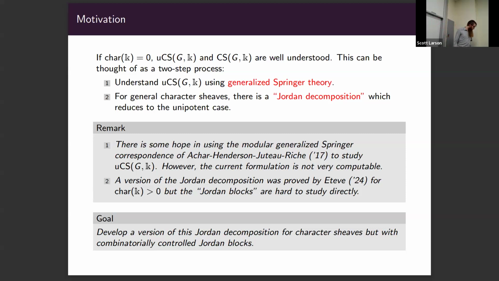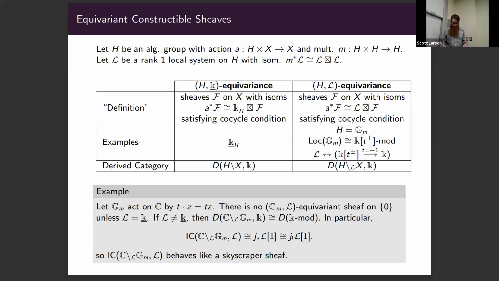Okay. So let me give an overview of constructible sheaves and particularly equivariant constructible sheaves. When you study equivariant sheaves, you first have to make sense of what it means to be equivariant. The most natural thing is that you have some action of an algebraic group on a space.